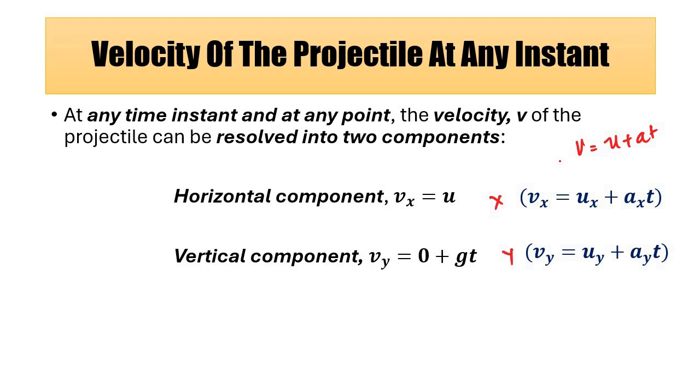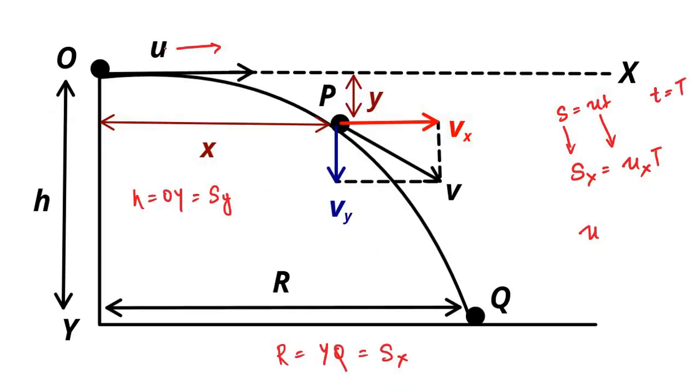For the x component, acceleration is 0, so this whole thing goes 0. The x component always stays the same, ux, which is equal to u, this initial projection velocity. The horizontal component always remains constant. So that is equal to u.